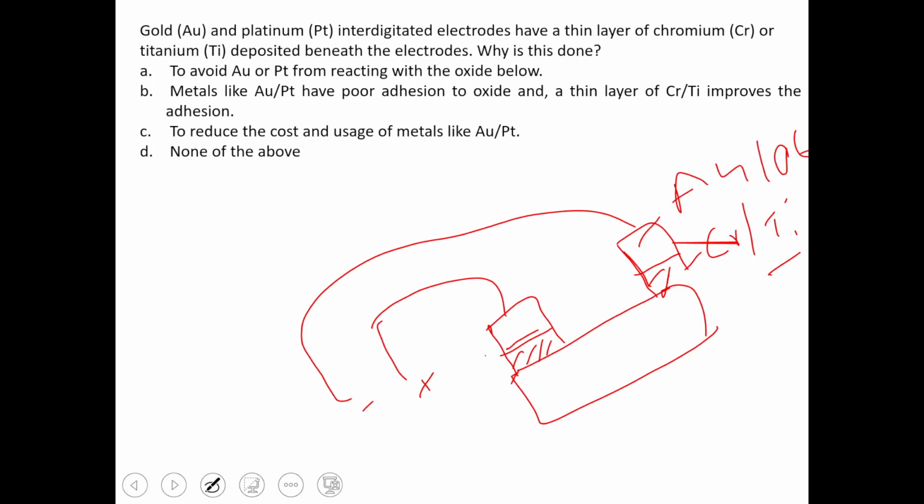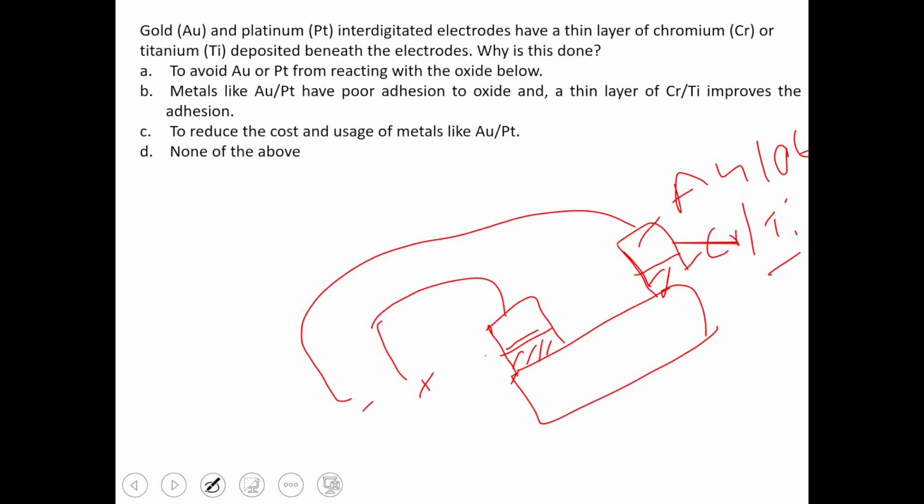What will happen if we deposit only gold or platinum, without the chrome? The adhesion of the gold and platinum with the substrate is very poor. It will not adhere properly. So if you touch the device or anything, some scratches will happen, and the gold and platinum will be removed from the surface.